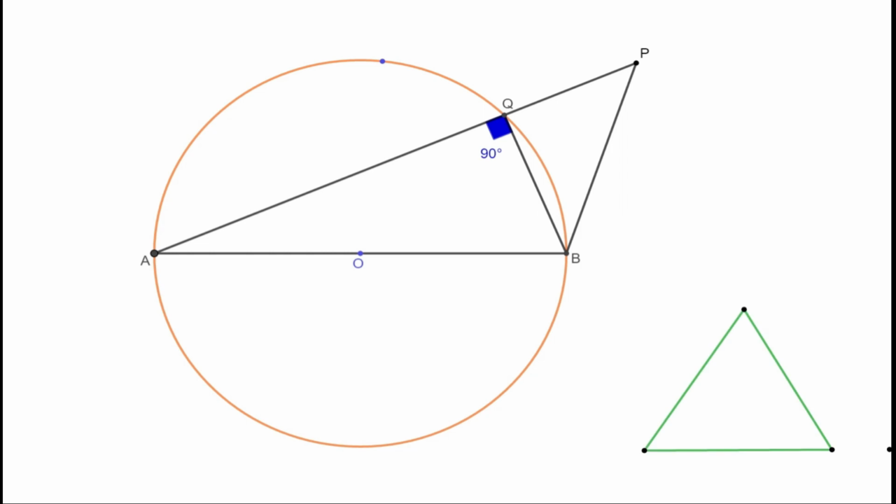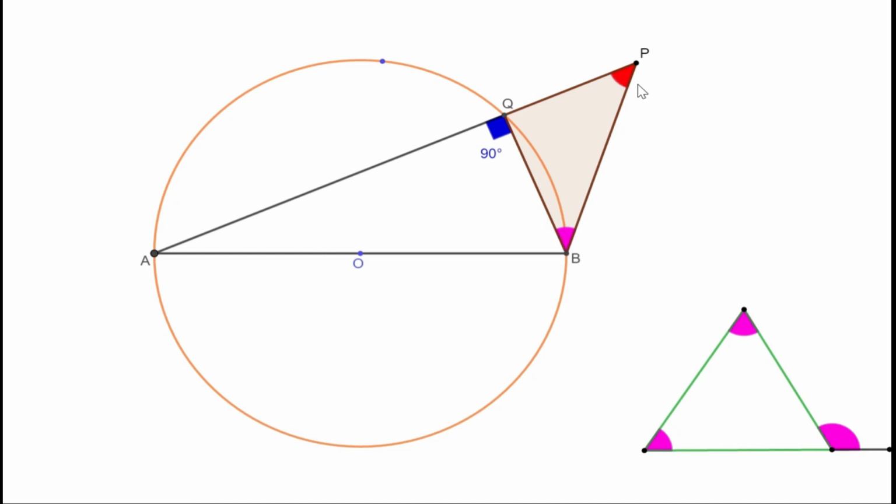Now, as in the previous case, we can see an outer angle and sum of interior remote angles. Consider this triangle. Then this angle is an outer angle. What are the interior remote angles? Angle P and angle at B. That means this angle is equal to sum of these two angles, or 90 degree equal to sum of these two angles.